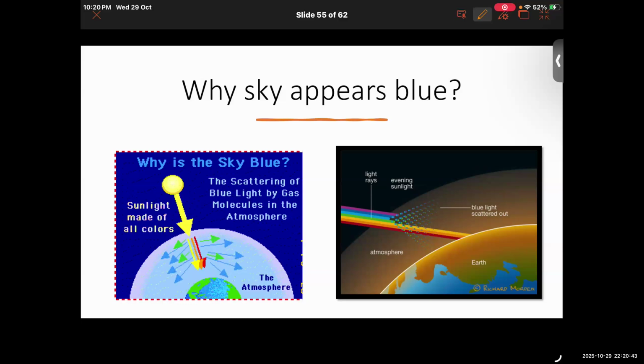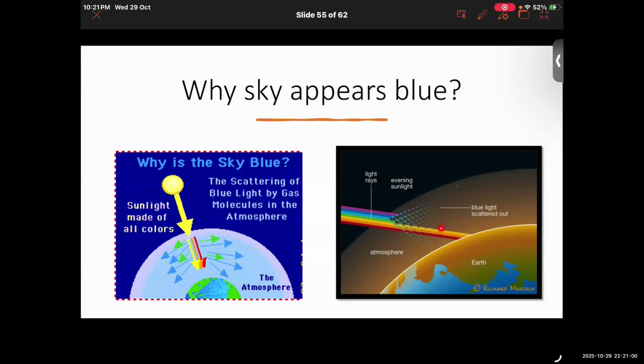Our atmosphere has molecules of different gases, right? There's hydrogen, helium, neon, carbon dioxide, oxygen, nitrogen, sulfur dioxide, water vapor, etc.